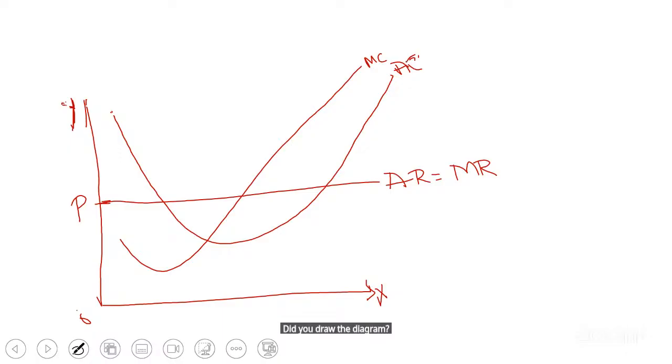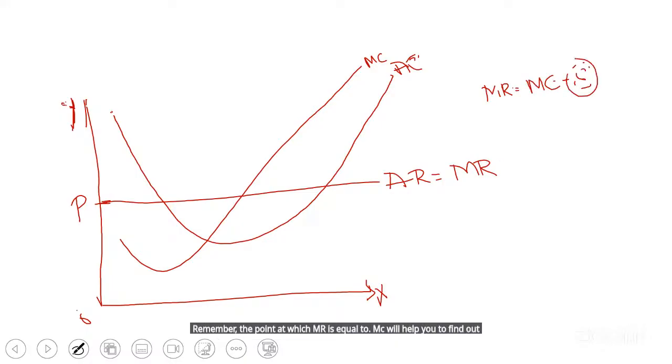Okay. Now it is very, very important. We have to look into two points. Remember, the point at which MR is equal to MC will help you to find out equilibrium.